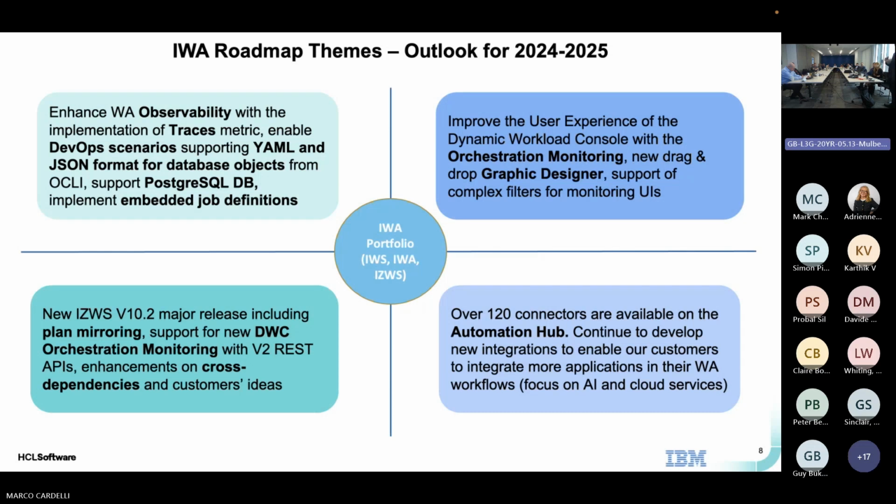So we are introducing the new V2 REST APIs to support the plan mirroring, and this will be available for the monitoring part. Next year, with SPs on top of 10.2, we will introduce also the database part of V2 REST APIs, so that we can align completely what you can do on the dynamic workload console for both distributed and Z.